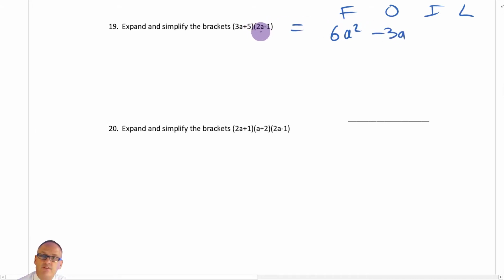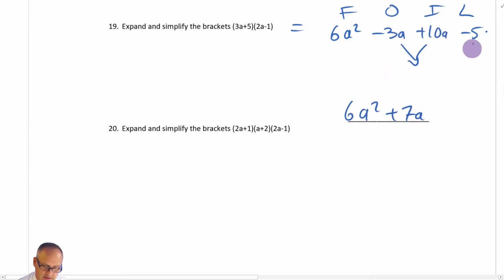Inner two things, 5 times 2a is going to be 10a. Last two things, 5 times minus 1 is minus 5. Group these two together because they have a and a in them. You can't group the a squared because you have a different power, and you can't group the 5 because there's no a in it. So we get 6a squared. Add these two together, we get plus 7a minus 5.